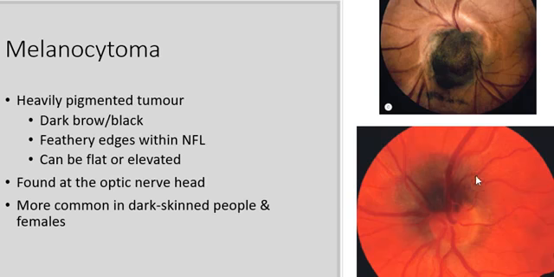So if you see a dark area around the optic nerve, the retinal nerve fibre layer being affected, you can assume more likely that it's a melanocytoma as opposed to, say, a CHRPE, for example, which kind of looks similar, or a nevus. So they're always found around the optic nerve head, and they're actually more common in dark-skinned people and more common in females. These can also arise anywhere in the uveal tract, not only at the choroid.